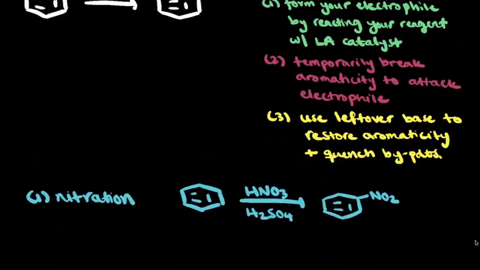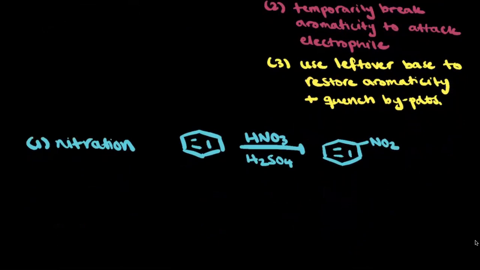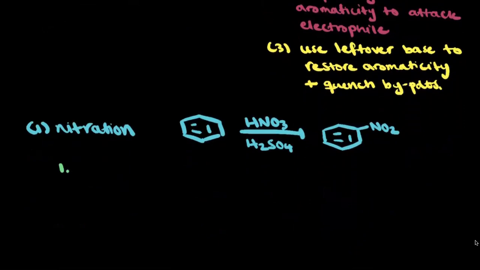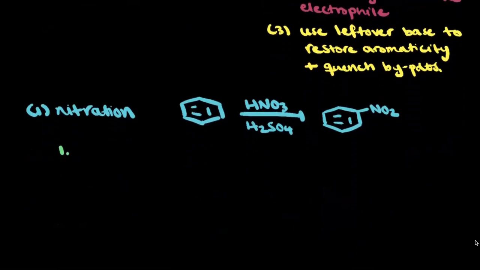Okay, so your first step would be to form your electrophile by reacting with your Lewis acid catalyst. Okay, so do that like that. So nitric acid looks like this. Okay, notice that nitric acid is neutral, so any charges in the compound should come out to being neutral.